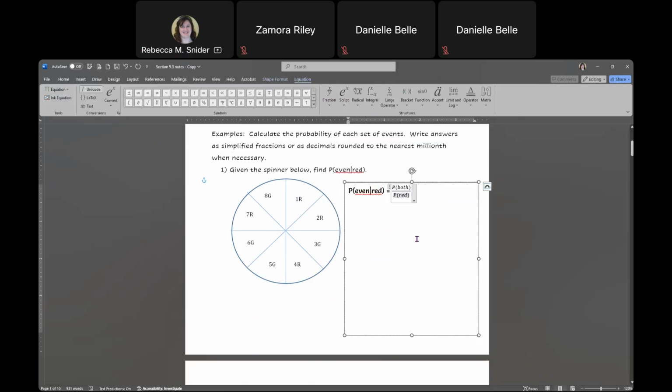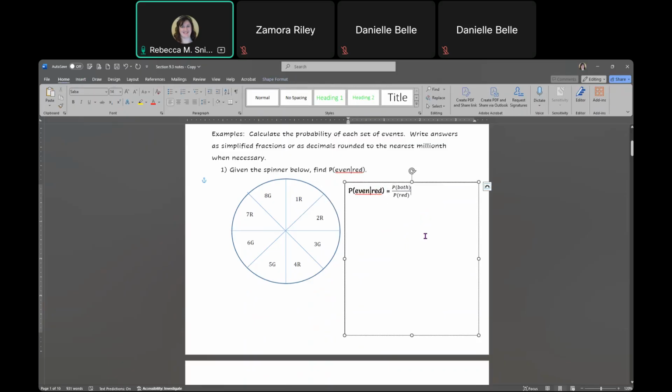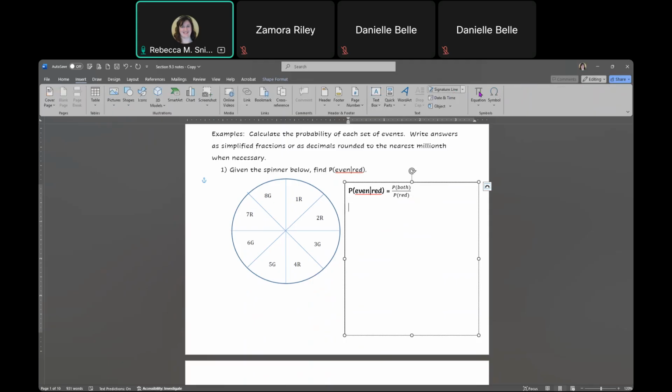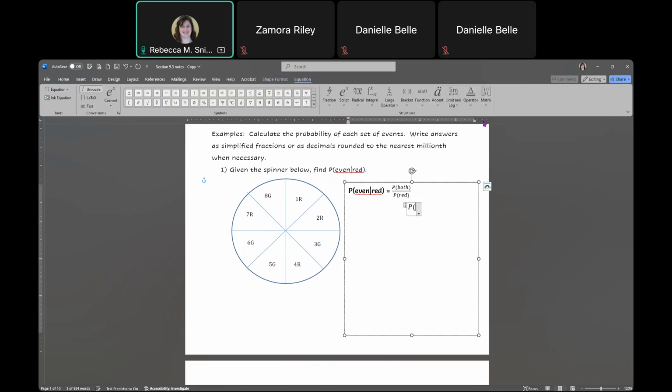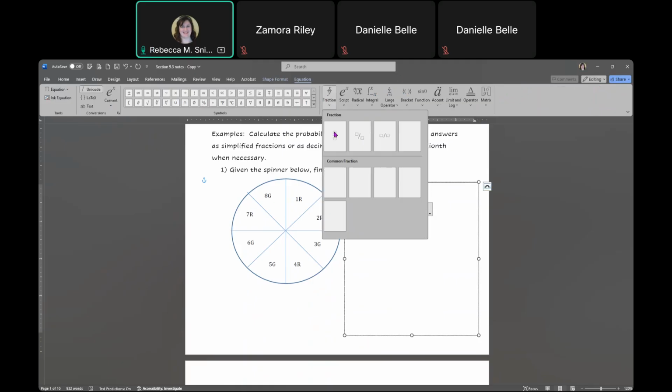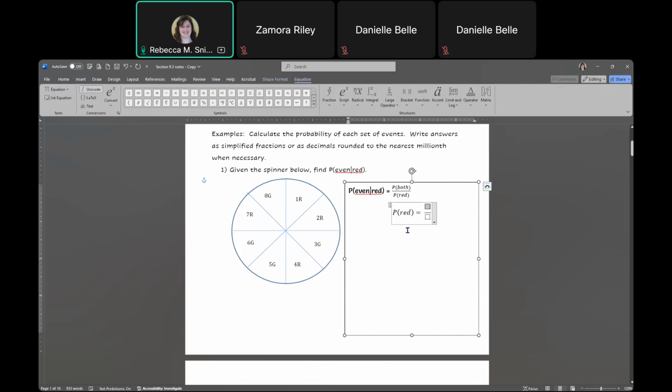So in order to actually calculate what we're looking for, we have to know the individual pieces. So I have to know the probability of calculating my red first. And to do that, again, I'm setting up my fraction. So to figure out my red, I have to look at in my spinner how many of those tiles are red. So we have R's that we're looking for, and you would count up the parts. So here we would have 4 of them were red out of my 8 spinners that I had.